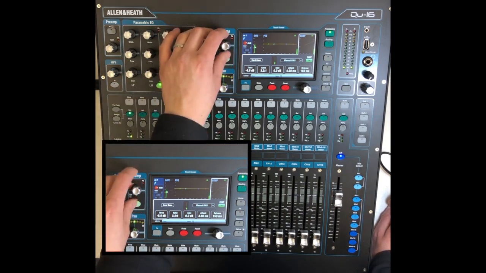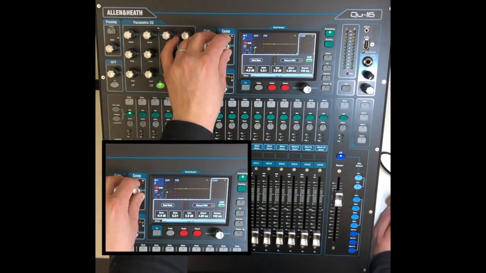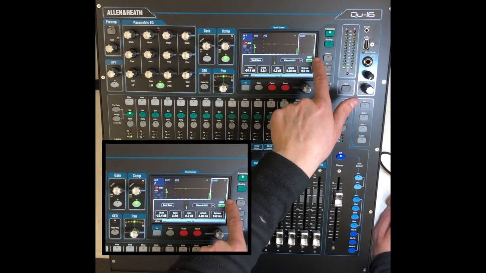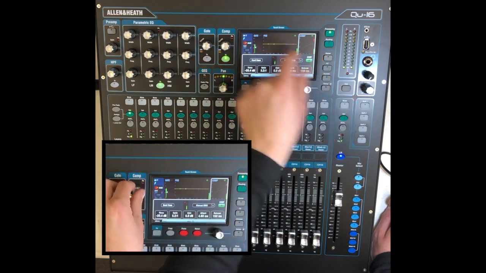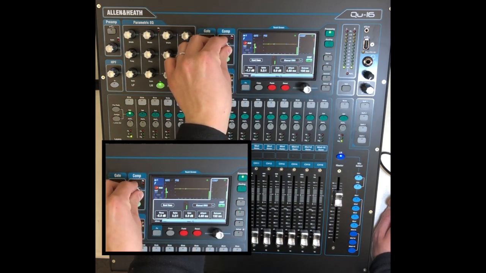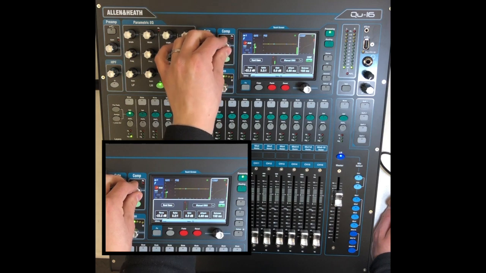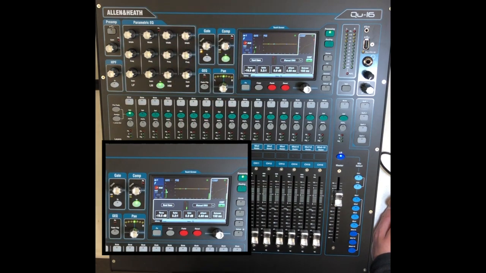So for instance, the compressor in this case can be turned down. If we look on the screen here, we can see the little bar working away, and as I rotate that down, we can see that as I begin to talk, the red bar on the right hand side moves down. This gives us compression, so if I'm speaking into it at a distance, there's no compression.